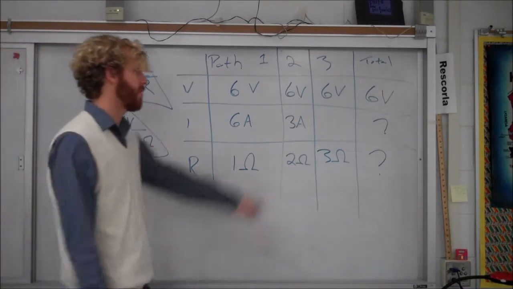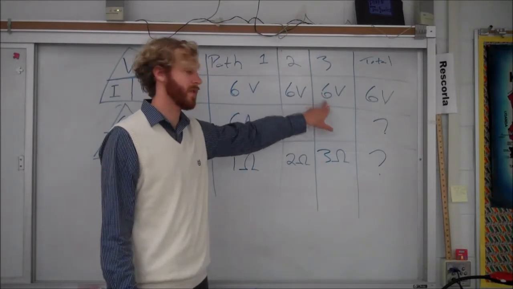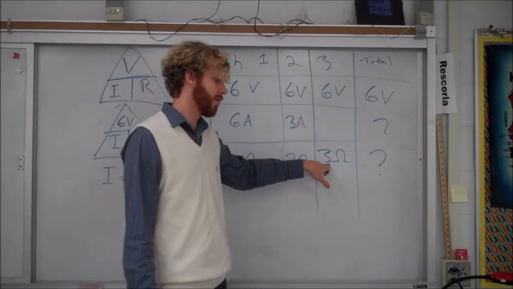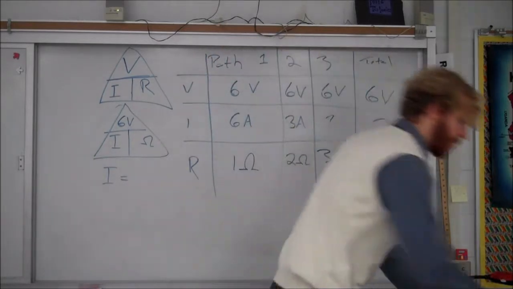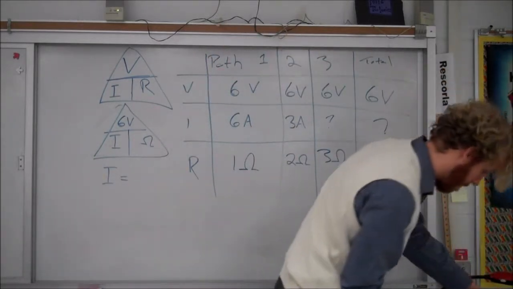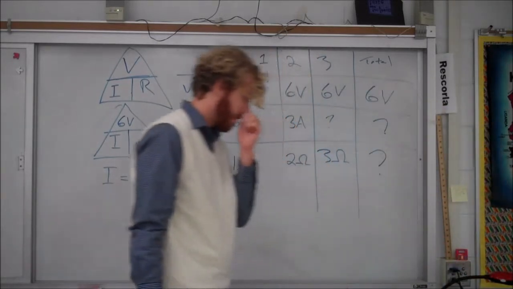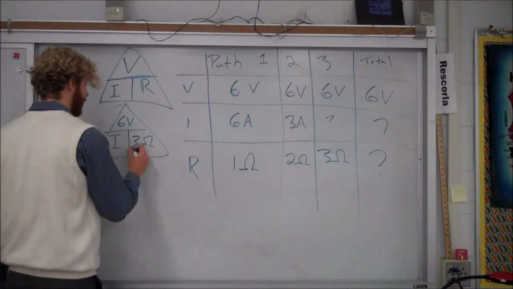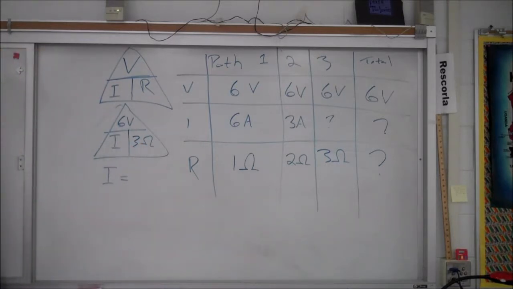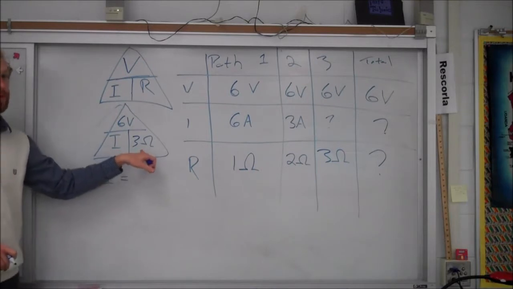So, with path 3, our voltage is still 6. Our current is our unknown. We do not know that yet. And our resistance is 3 ohms. So we plug it into our triangle. 6 volts goes on top, 3 ohms goes on bottom.